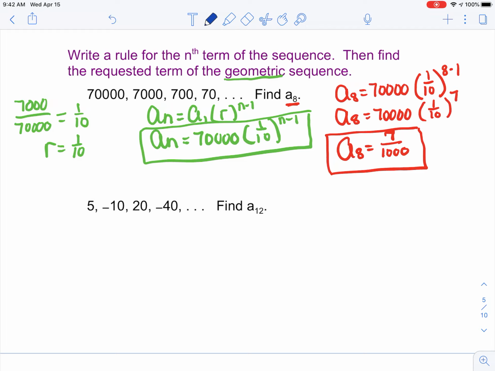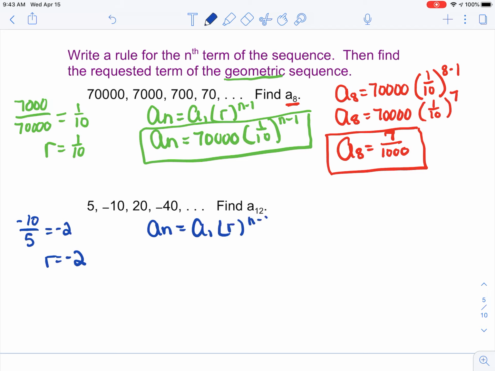All right, let's go to the next one. It says it's geometric, so the first thing I'm going to do is take, not 20, that's not my first term or my second term, I'm going to take -10 divided by 5, and I get -2. So my R value is -2.